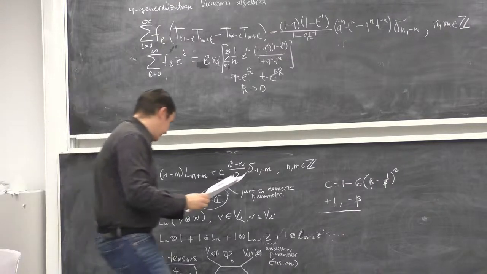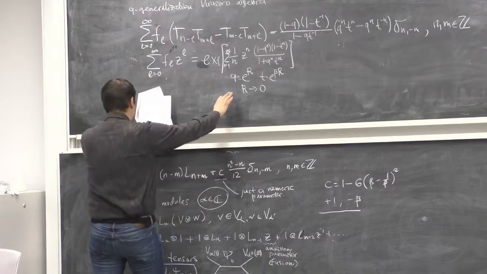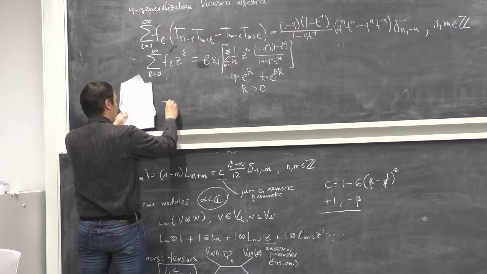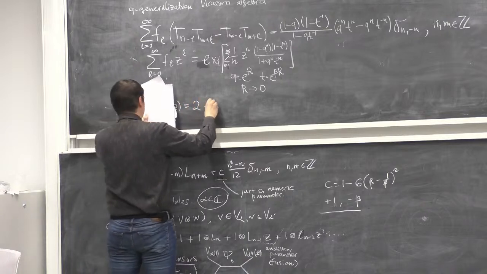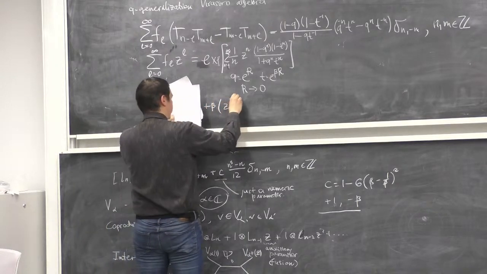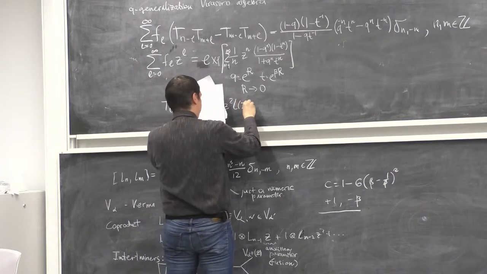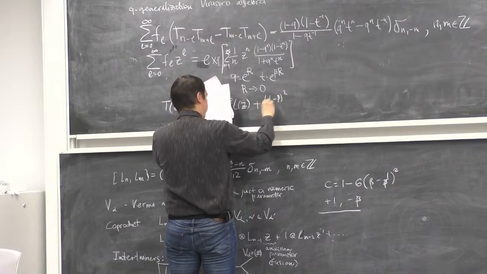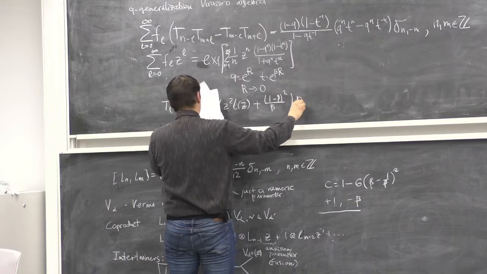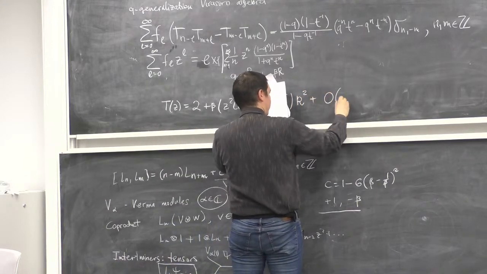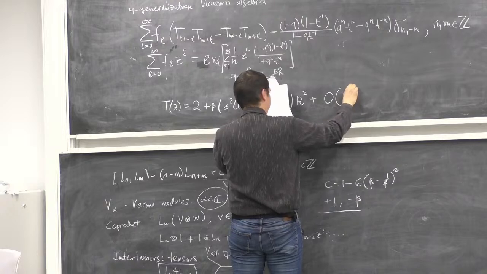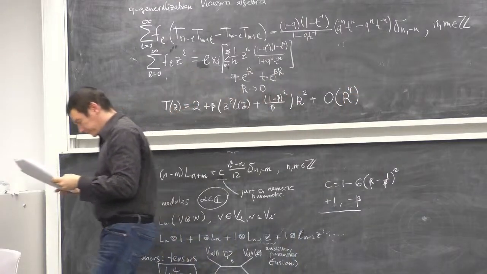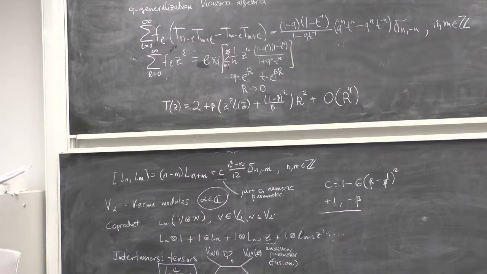So the statement is that in this limit, T of z is 2 beta z squared L of z, plus 1 minus beta squared divided by beta, r squared, plus some error term, and you take the limit r goes to 0.